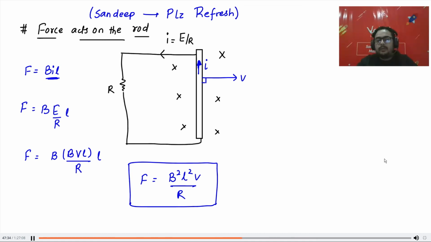For BIL, the simple formula is BIL sin theta. And theta is the angle between length and magnetic field. You should watch the previous session, beta. Otherwise, you will have this issue. If you're not watching the previous session, you will have the doubt.